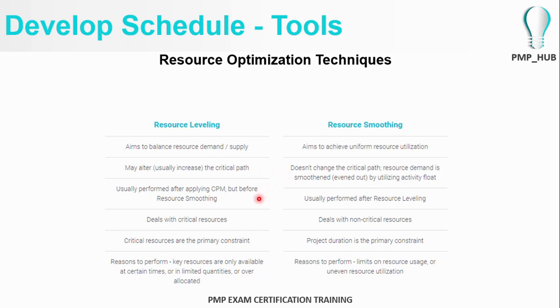Resource leveling is usually performed after the critical path method, but before resource smoothing. So usually we do the critical path method, and then we do resource leveling, because the critical path method, as we discussed, does not consider resource leveling.